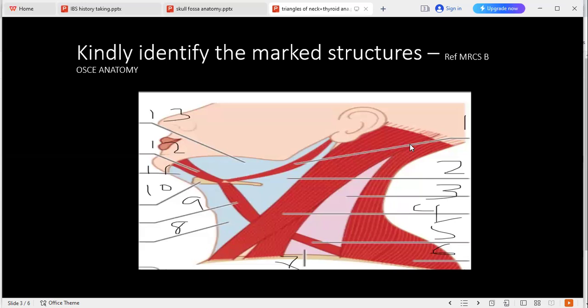Please tell me the origin and insertion of the trapezius muscle.